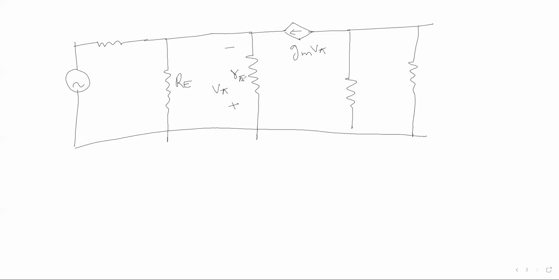The voltage across this resistance R pi is called V pi, and this is the dependent current source gm V pi, which is dependent upon the V pi, and this is the RE resistance, which is connected between the emitter and base.